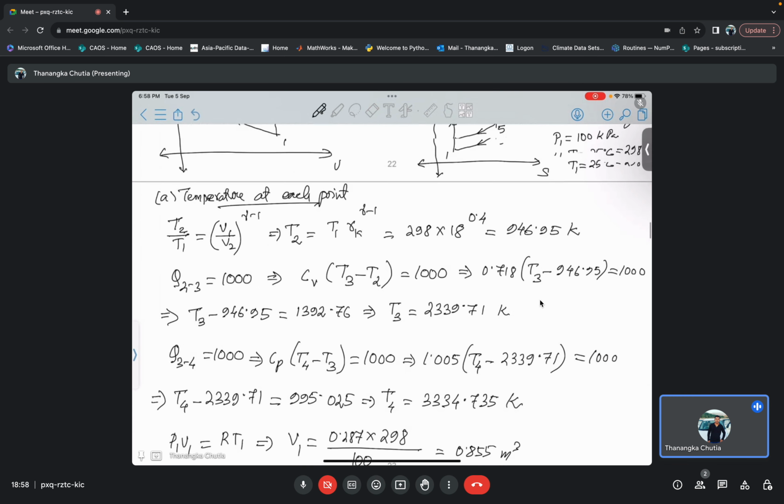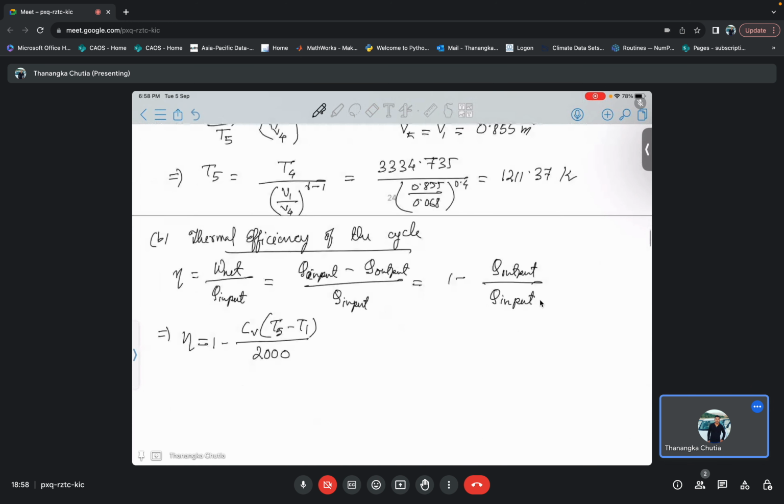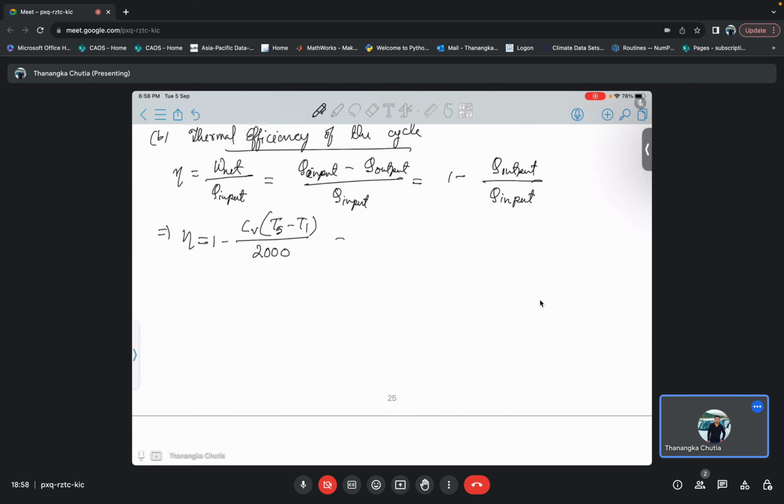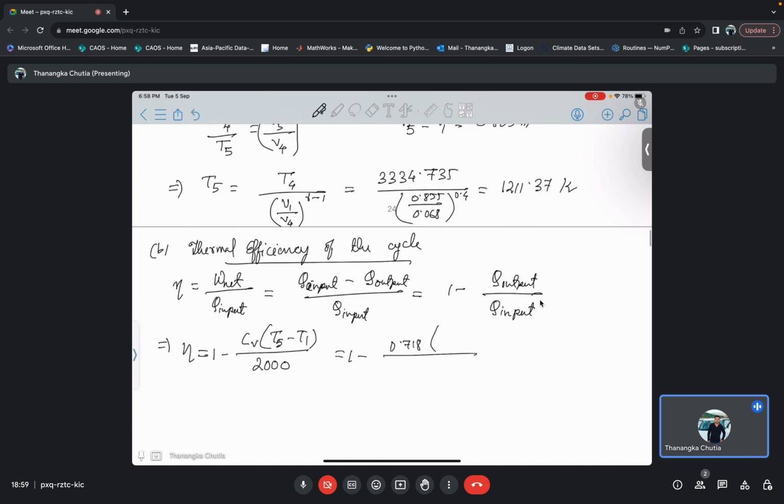Because this 5 to 1 is the only process where your heat rejection is taking place. Now 1 minus what is CV? 0.718. What is your T5? T5 is 1211.37. And what is T1? It is 298, divided by 2000.